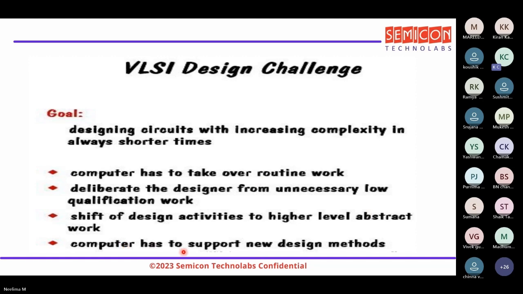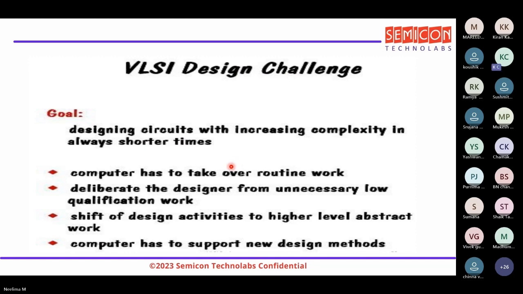Next, the computer has to support new design methods. Now we are depending more on the computer, and whatever computer we choose should be equipped to handle that kind of work. So these are some of the thoughts that go into reducing the cycle time of designing VLSI chips, which is our biggest design challenge.